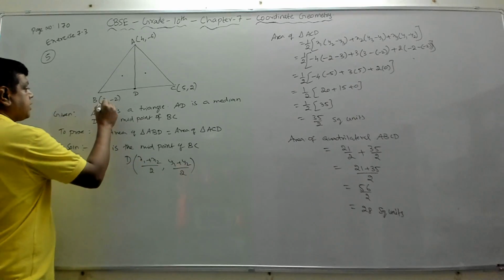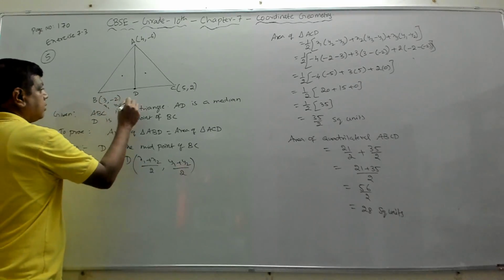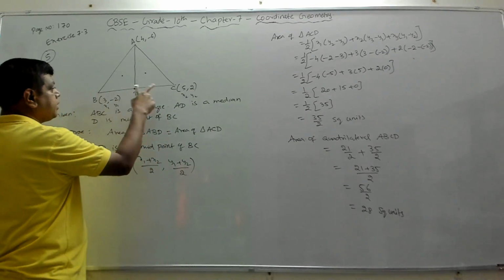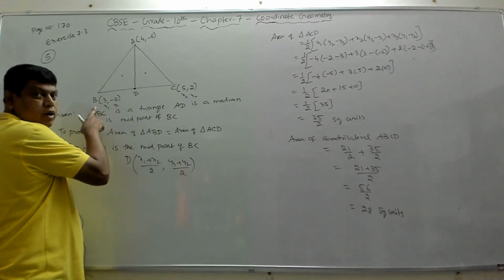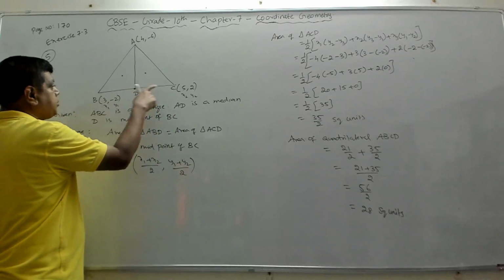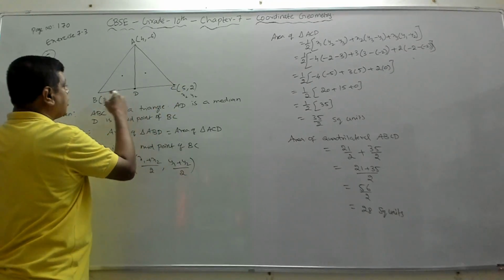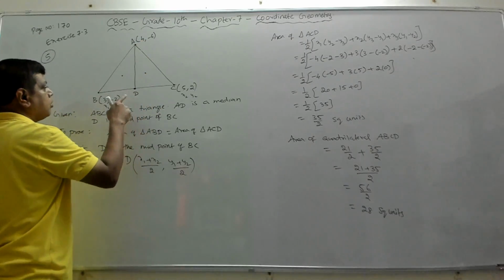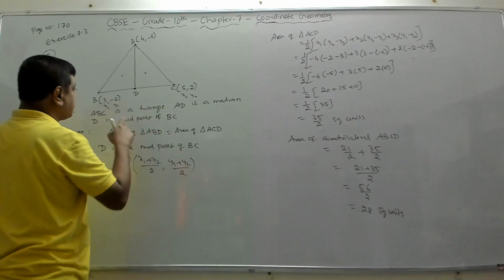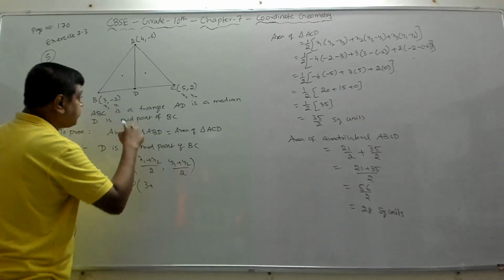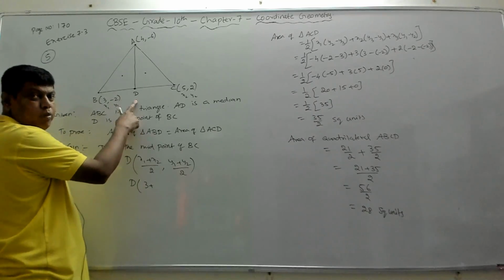Because D is the midpoint of B and C, we take one point as X1, Y1 and the other as X2, Y2.